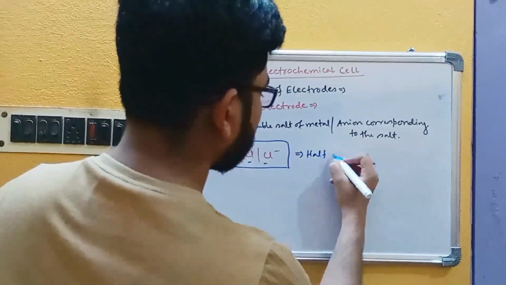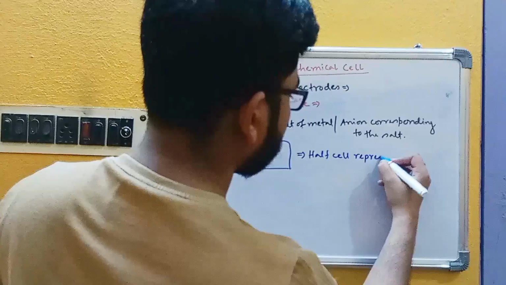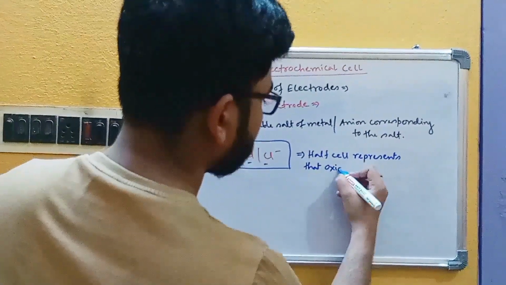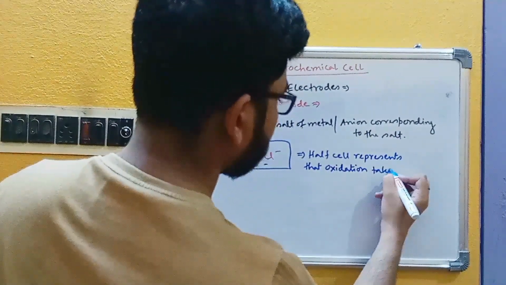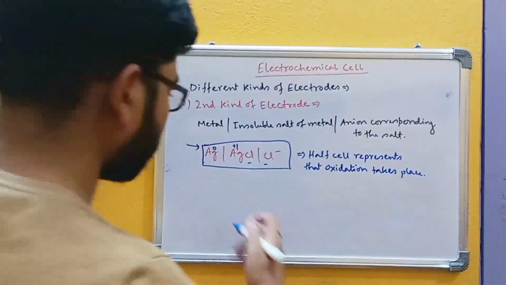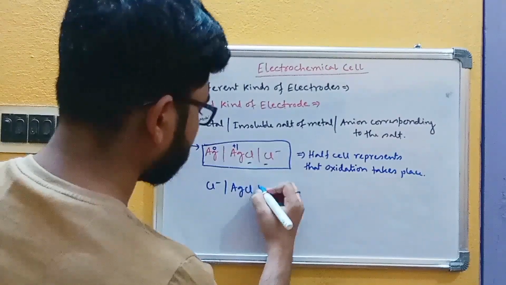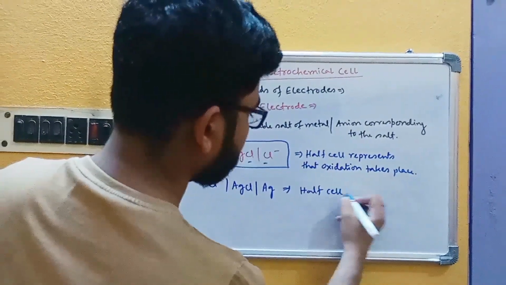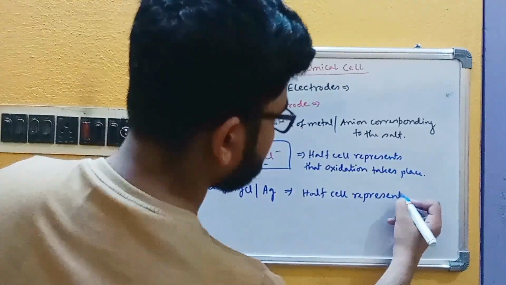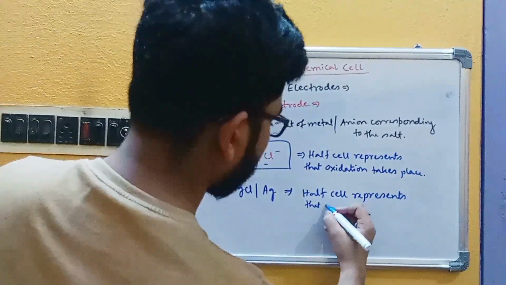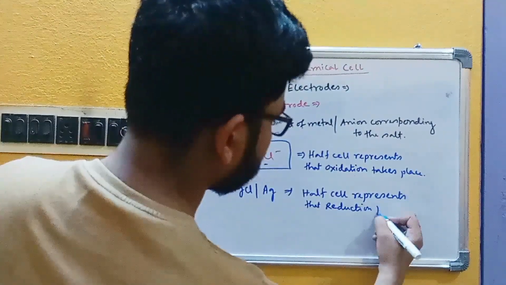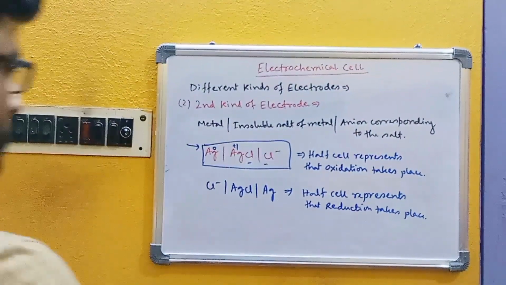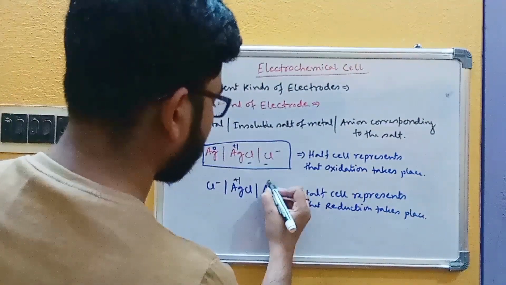This half cell represents that oxidation takes place, and this half cell represents that reduction takes place, because we can see here Ag in +1 oxidation state and here Ag in 0 oxidation state.